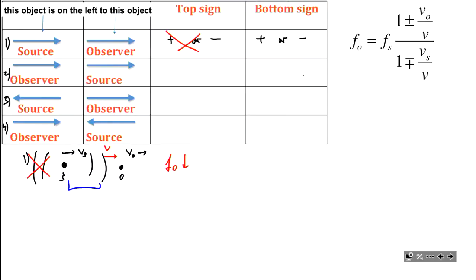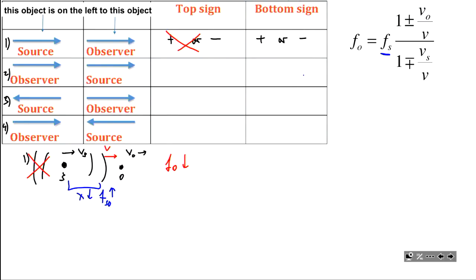In front of the source, the wavelength shrinks, the frequency, the standard symbol like this one, Fs, represents the stationary frequency when nothing is moving at all.